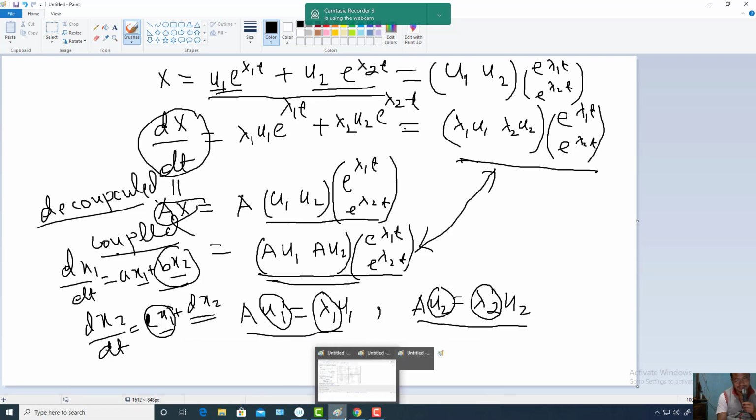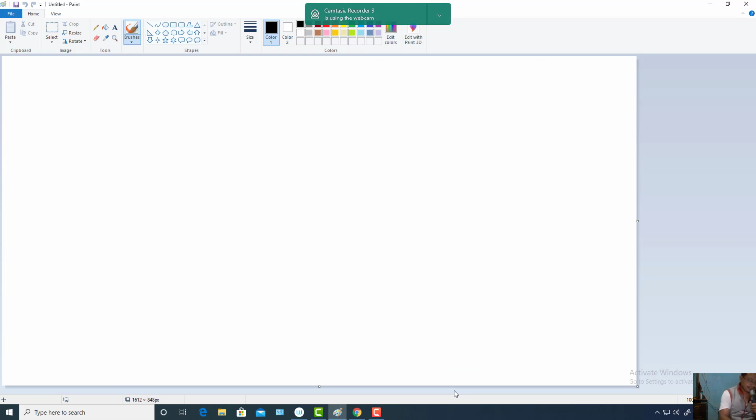Let us see how it works, how to decouple it, and let us find the transformation so that the given differential equation is decoupled.